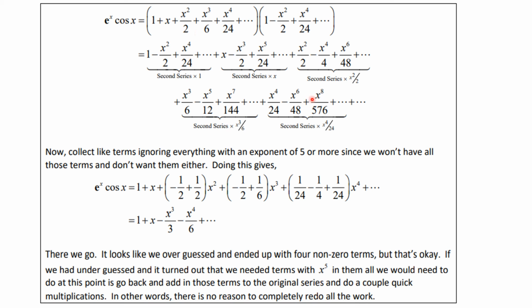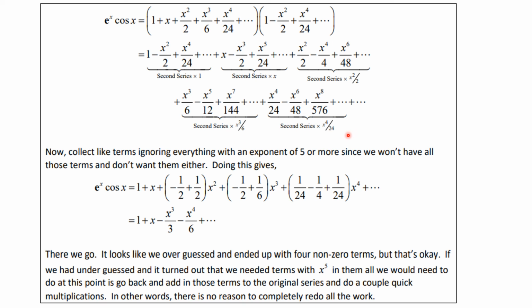This is going to be the second series times x cubed over 6, and 6 of course is 3 factorial. And this is the second series times x to the fourth over 24, and 24 is 4 factorial. So we're multiplying through, and we get these.